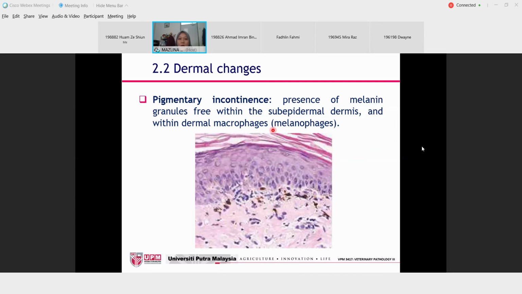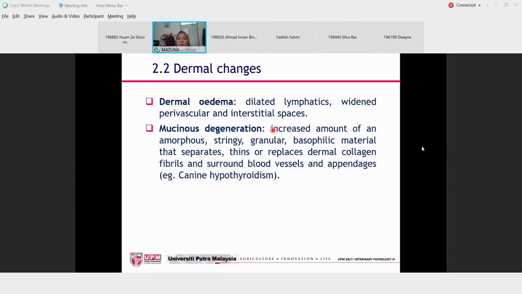Okay, the dermis can also develop edema, so you can see dermal edema. Other findings that support dermal edema would be dilated lymphatics and widened perivascular and interstitial spaces.